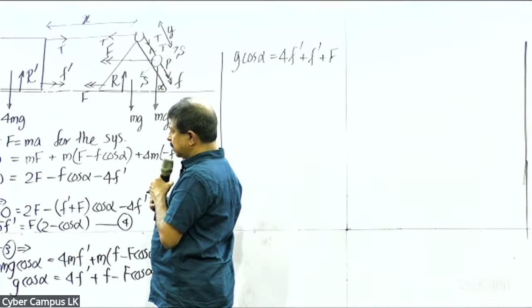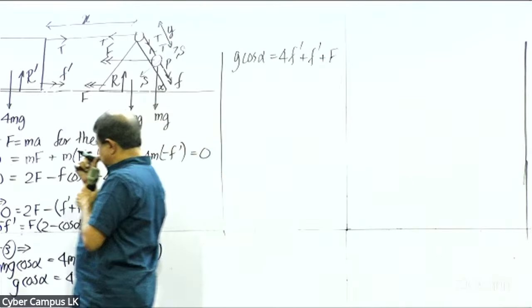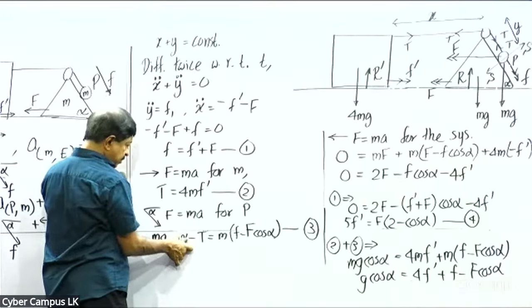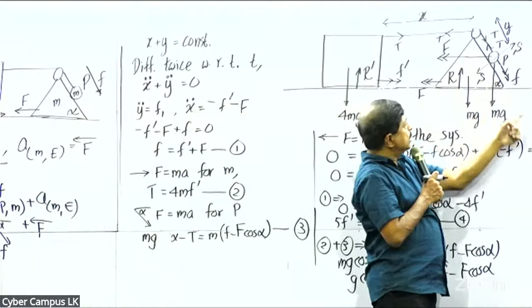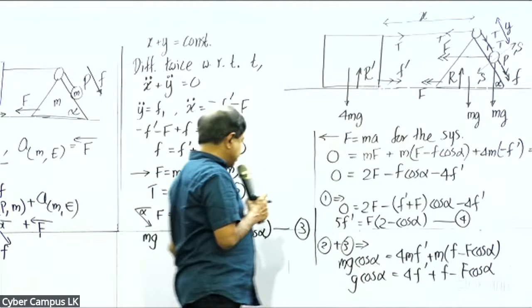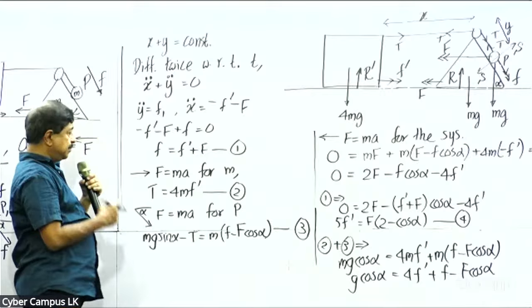Hold on, something is missing here. This is not cos alpha. When you apply it in this direction, this is 90 minus alpha. So cos of 90 minus alpha is sin alpha. Everywhere you get cos alpha, but here you get sin alpha.